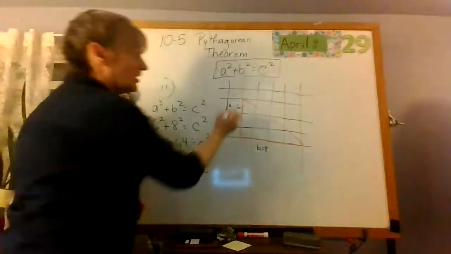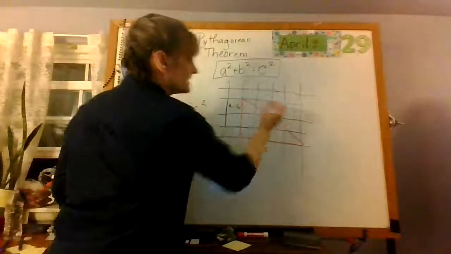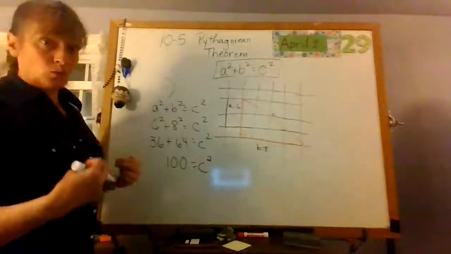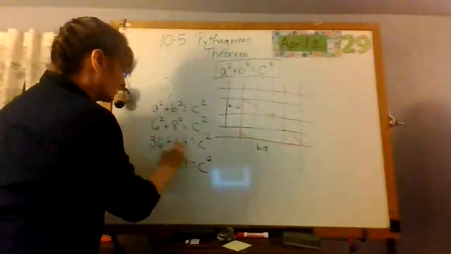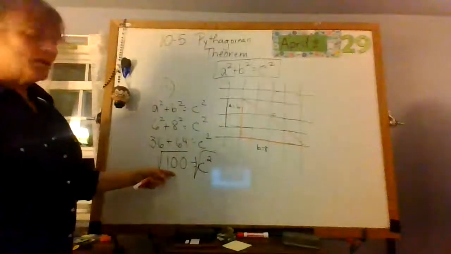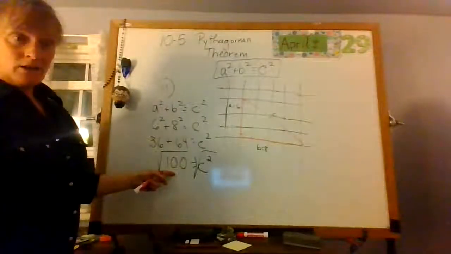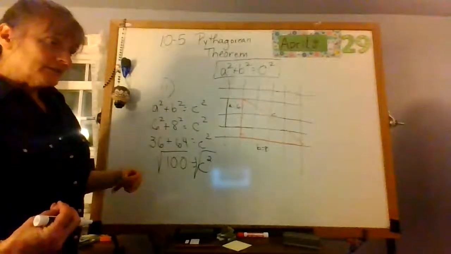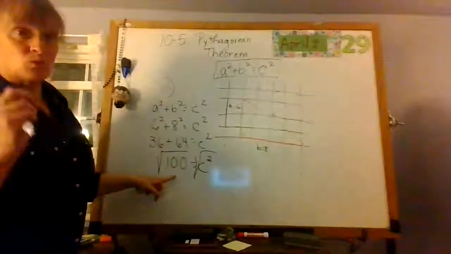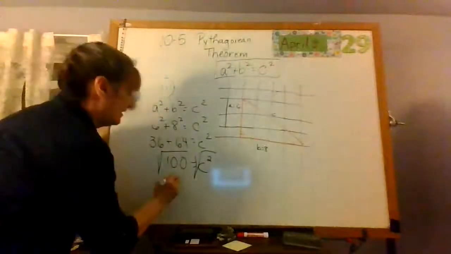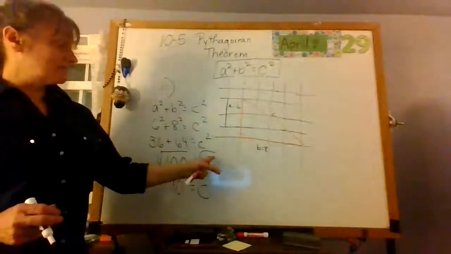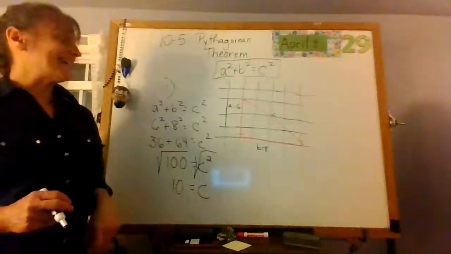But I need to know c. So now I have to take the square root of that. I'm going to take the square root of 100 and the square root of c squared. What is the square root of 100? I can use my calculator and see, but this I should be able to do without a calculator, because what times itself is 100? 10. Yep, and c times c is c squared, so c equals 10.